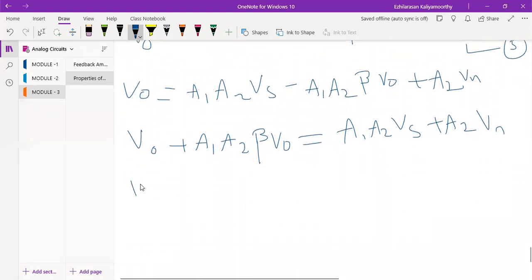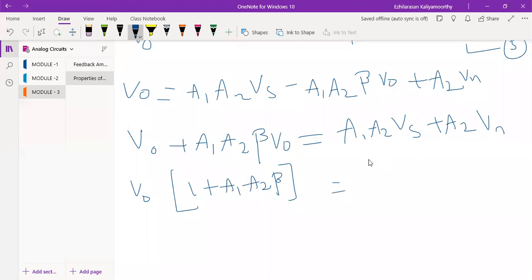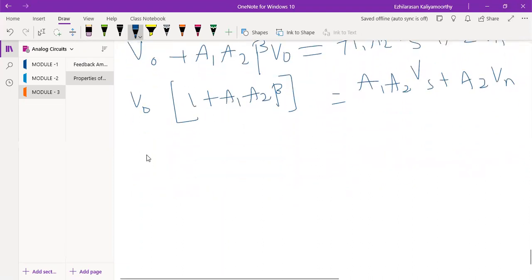Now here you take V0 as common, then we'll get V0 into 1 plus A1 A2 into beta is equal to A1 A2 Vs plus A2 Vn. Now let us do a simple substitution.